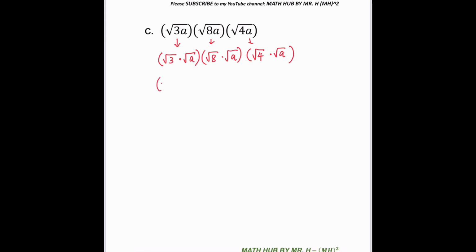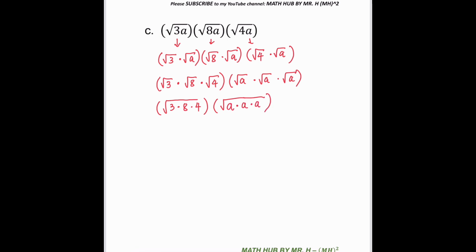We can have square root of 3 times square root of 8 times square root of 4 times all the square root of a. We got 3 of them. We can have square root of, it's actually square root of 3 times 8 times 4. And then here you have square root of a times a times a.